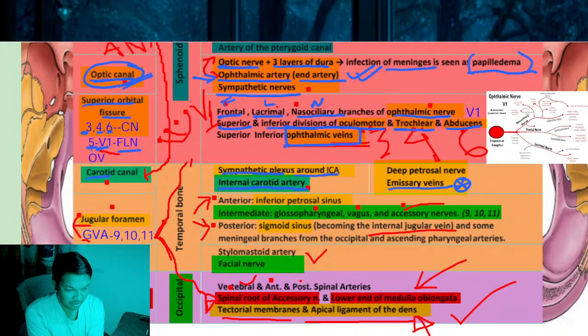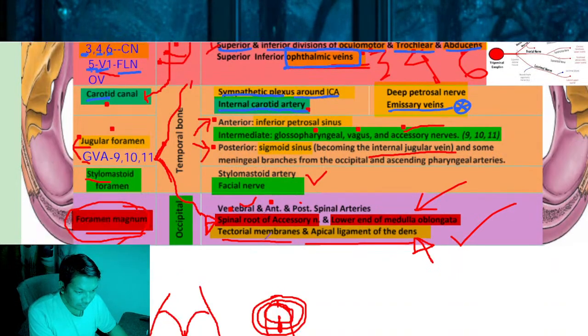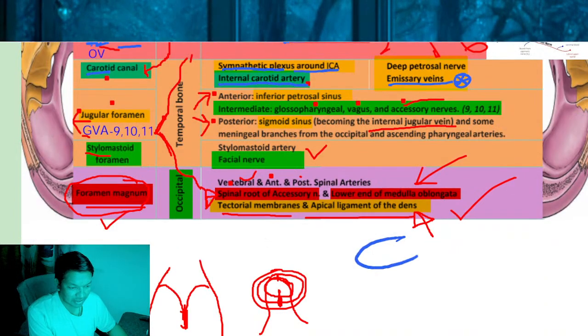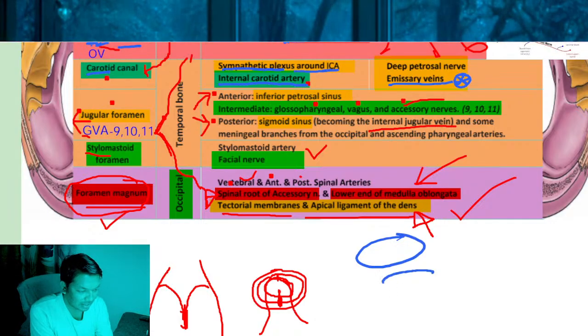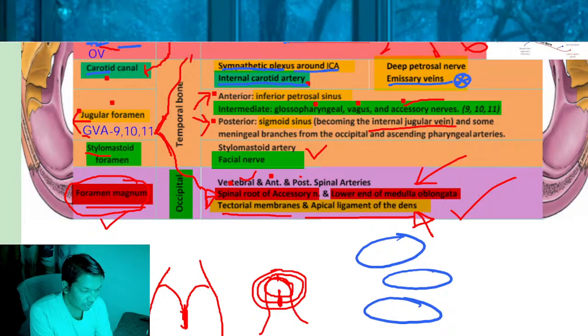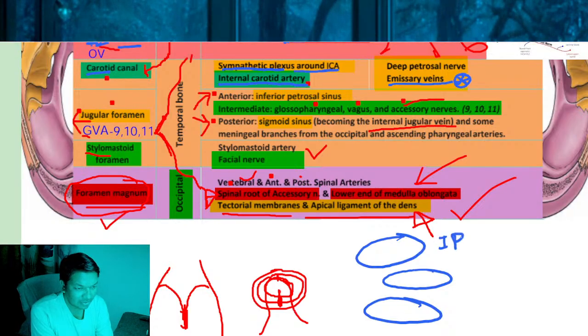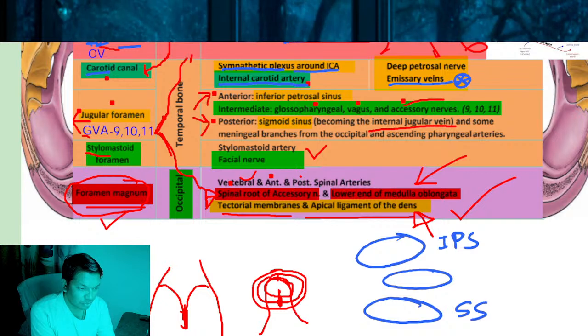Now jugular foramen. Very important. Jugular foramen has three segments: one anterior, one intermediate, one posterior. Anteriorly we have the inferior petrosal sinus, and posteriorly we have the sigmoid sinus.